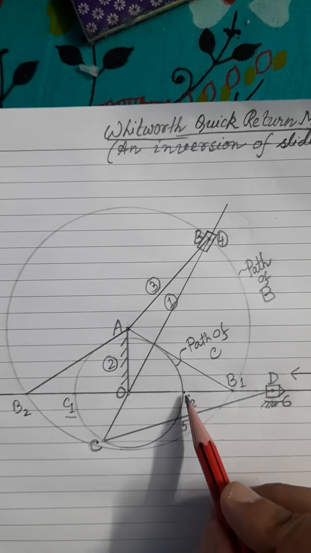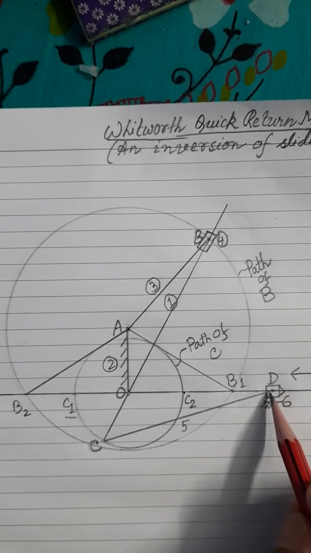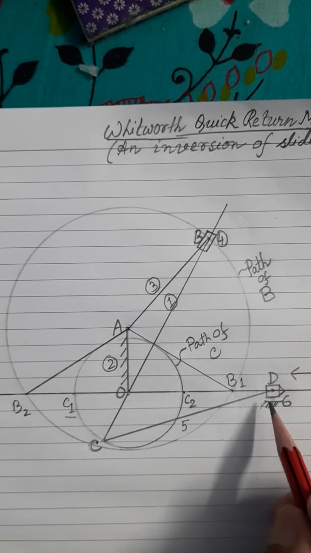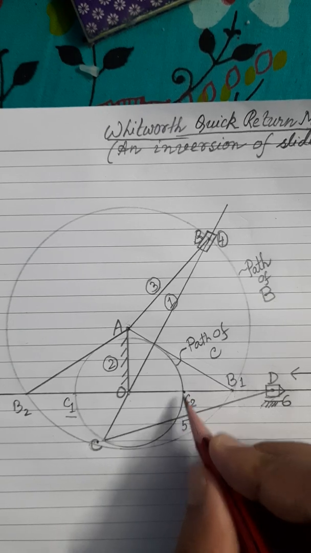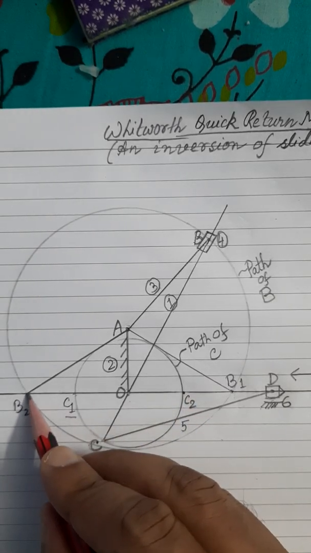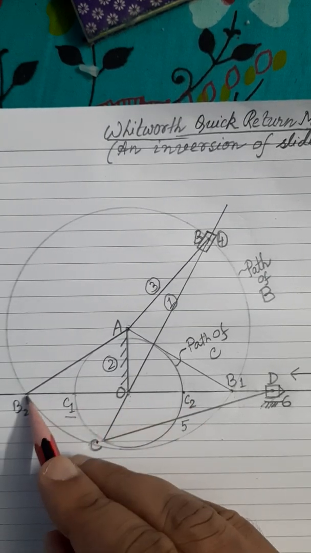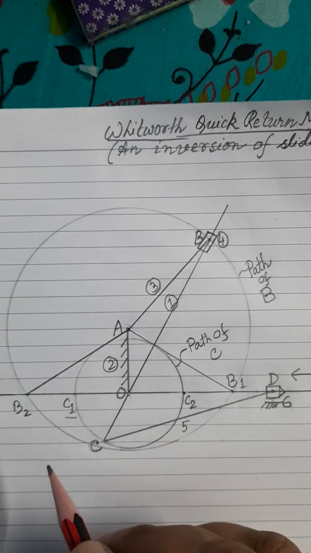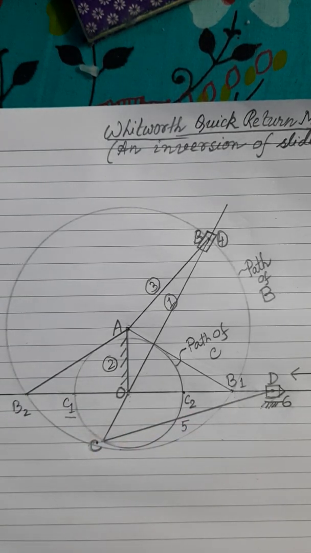So position C2 will correspond to extreme right position of D. So extreme right position of D will be obtained when C will be on C2, and when C is on C2, then B will be on B2, as C2, O, B2 always will be on the same line. So position C2, C1, B2, B1 we have obtained.